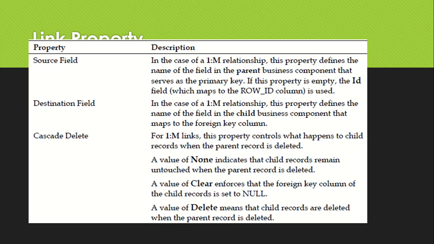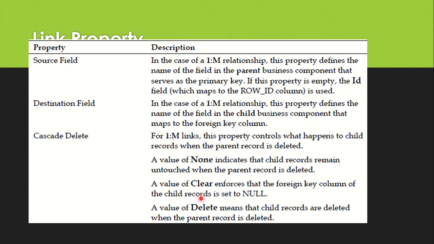Now there is one more property we have, called cascade delete. Now what is this cascade delete? It has three different values. Cascade delete is the property where, if I have a 1 is to M relationship and we delete the parent record, what will happen to the child record is specified here.